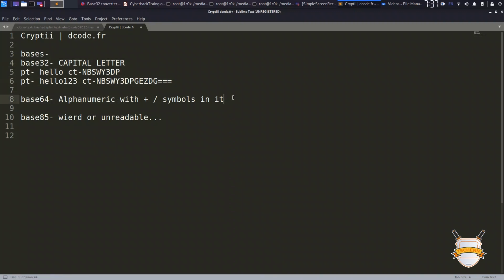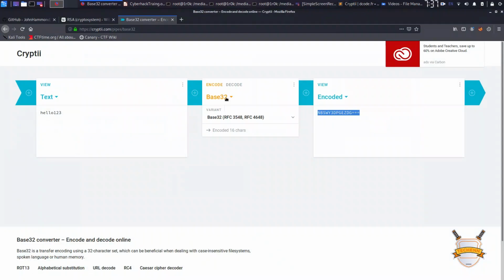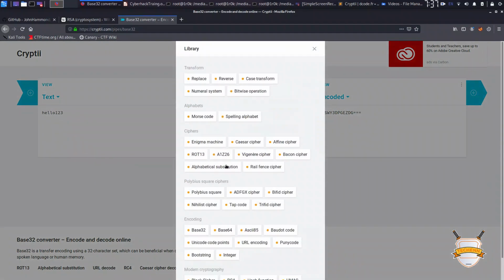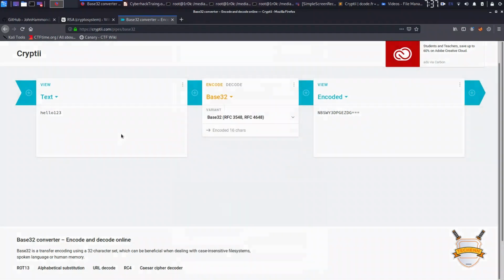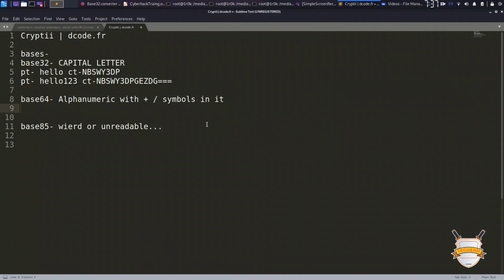Now proceeding to base 64. See, hello123: plain text hello123, cipher text is this. You can see they are alphanumeric.